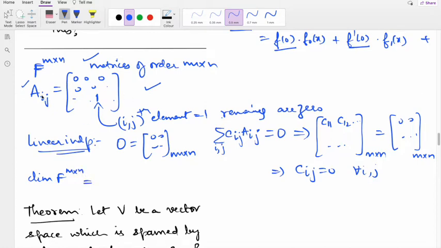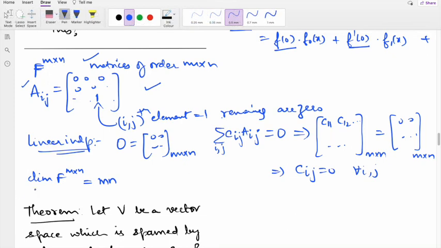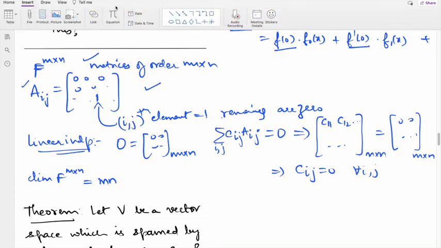Here i goes from 1 to m, j goes from 1 to n, so I have m into n elements. So the dimension of this F^(m cross n) vector space is mn. Again, a very straightforward idea. Okay, so this should all be clear.